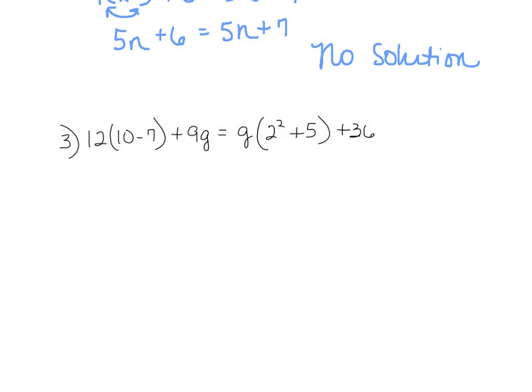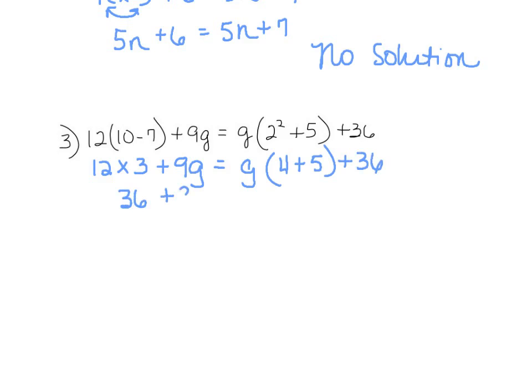So here I have 12 times 10 minus 7 would be 3, plus 9g is equal to g times 2 squared is 4, plus 5, plus 36. Okay, let's continue. 12 times 3 is 36, plus 9g is equal to g times 9 plus 36.